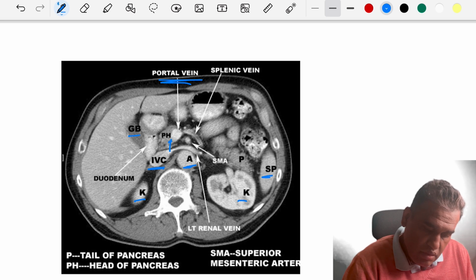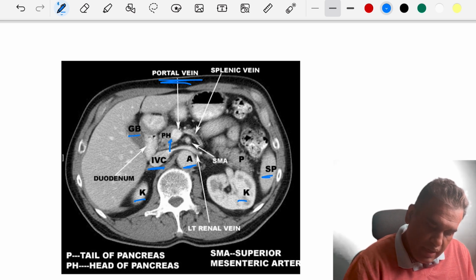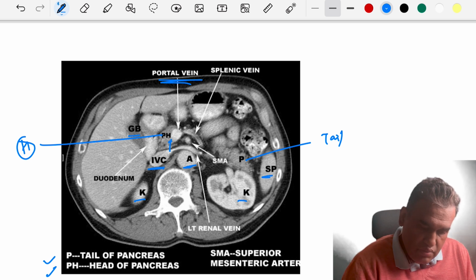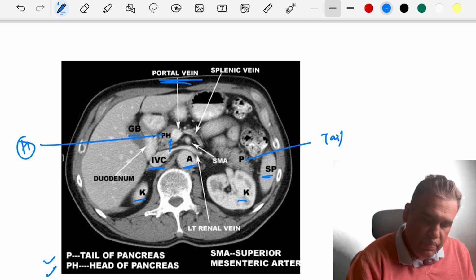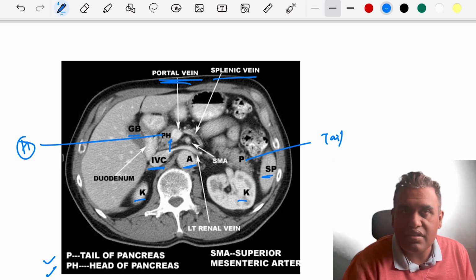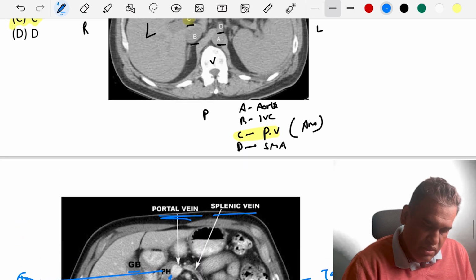You can also see the pancreatic head. Here you can see the head and tail of pancreas. So this is the tail of pancreas, and that is the head of pancreas. Also labeled is the splenic vein. You can see the splenic vein and the formation of the portal vein, because the portal vein is actually formed by the splenic vein plus the superior mesenteric vein. Fair enough. So this is the 4th question.